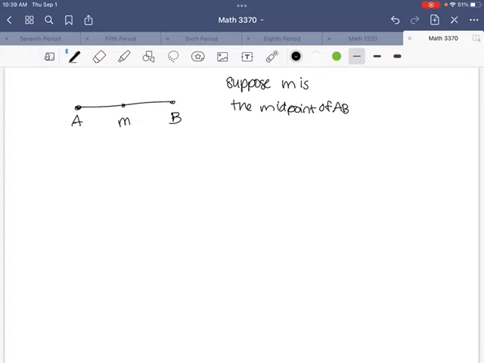So a midpoint is the middle. It cuts a line segment into equal pieces. So if M is the midpoint, this means that AM is congruent to AB. Okay, line segment AM, not AB. MB. Sorry about that.